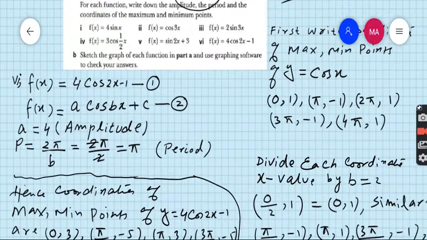So the requirement of part A has been fulfilled. The requirement was the amplitude is 4, the period is pi, and the coordinates of the maximum and minimum points. Now what is the requirement of part B? Sketch the graph of each function in part A. So we have to sketch the graph of y equals 4 cos 2x minus 1.